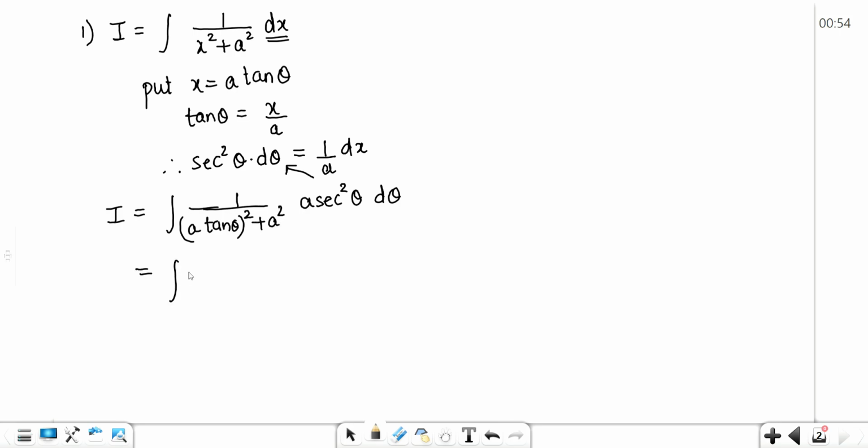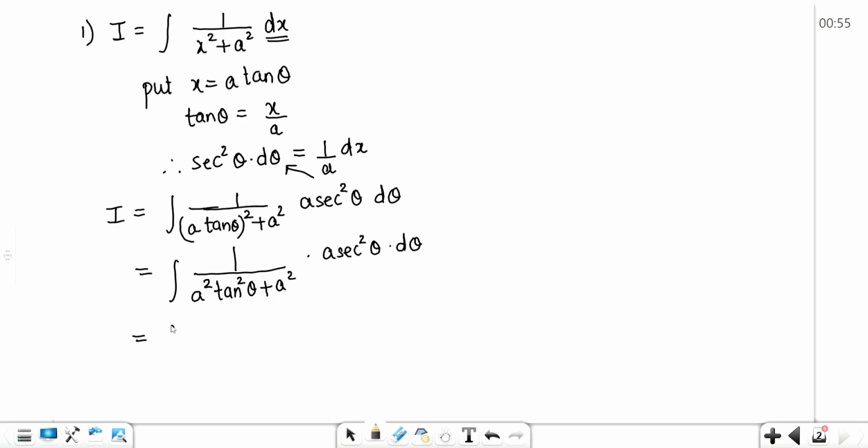So this becomes 1 upon a square tan square theta plus a square, multiplied by a sec square theta d theta in the numerator.